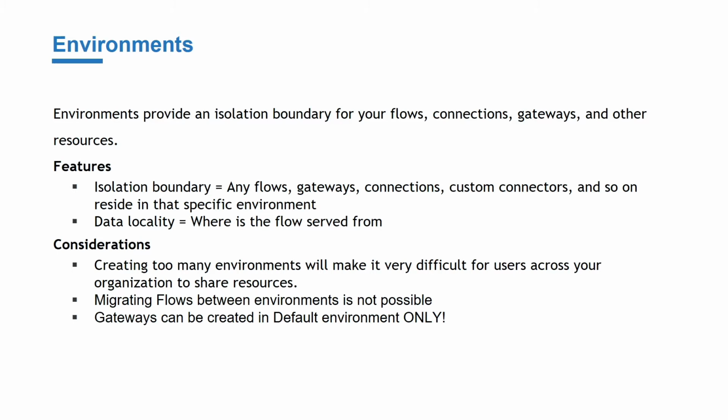So that's how you would use an environment. So environments are only available on the highest tier of the Office 365 plan. So you need one of those higher plans, and there's a limit in terms of the number of environments that you can run. But if you were to need that, what you need to consider is the fact that the migration of flows is not possible between environments.